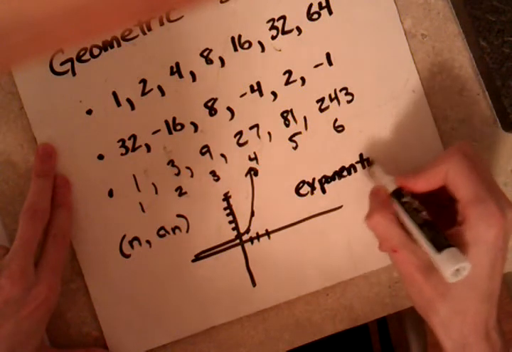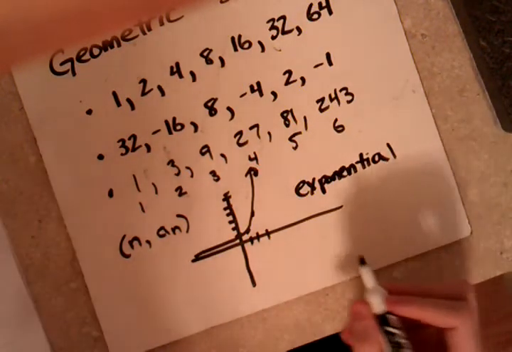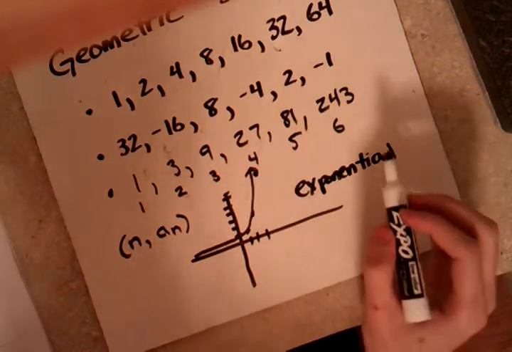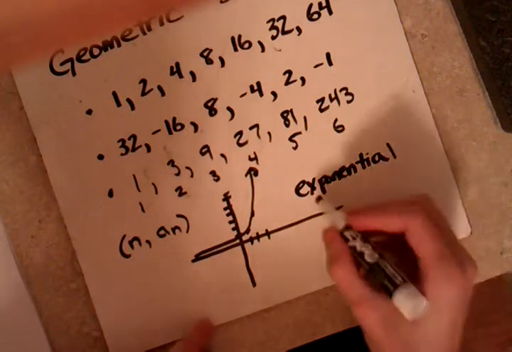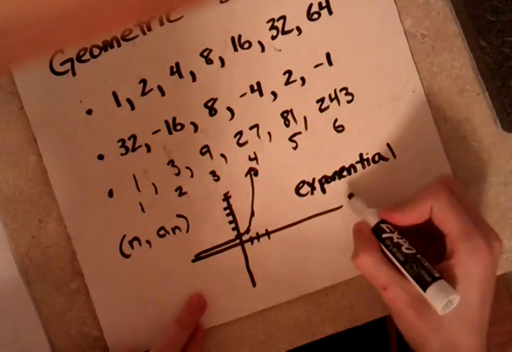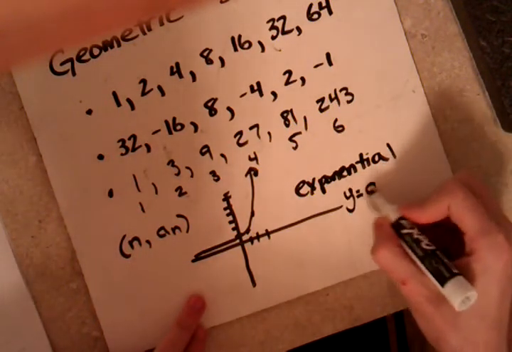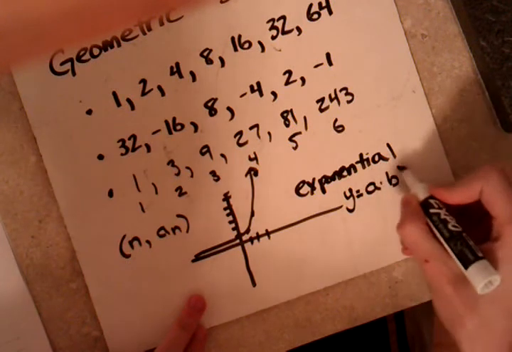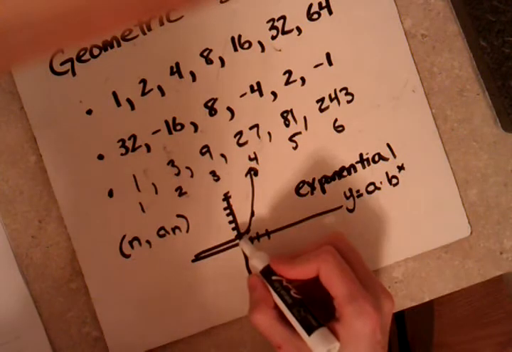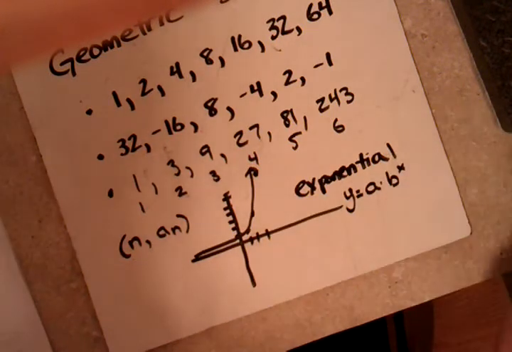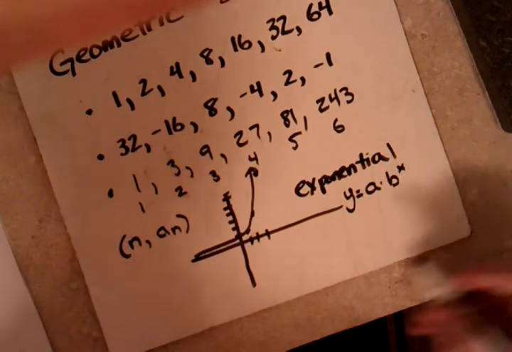So when we looked at the arithmetic sequences, we saw that they were just lines. So all a geometric sequence is, it's an exponential function. So when we studied exponentials, we saw that we could write them as a times b to the x power, where a was the starting value and b was either the growth factor or the decay factor.